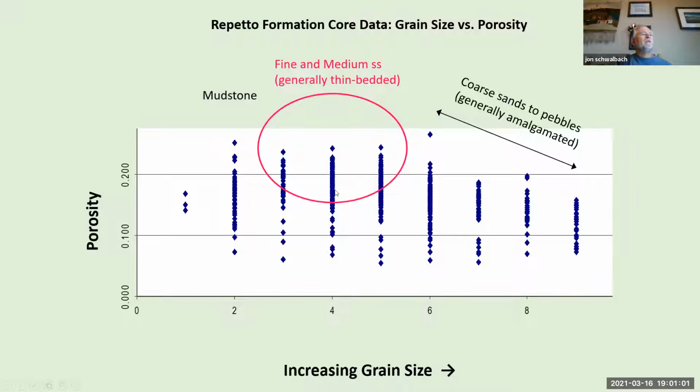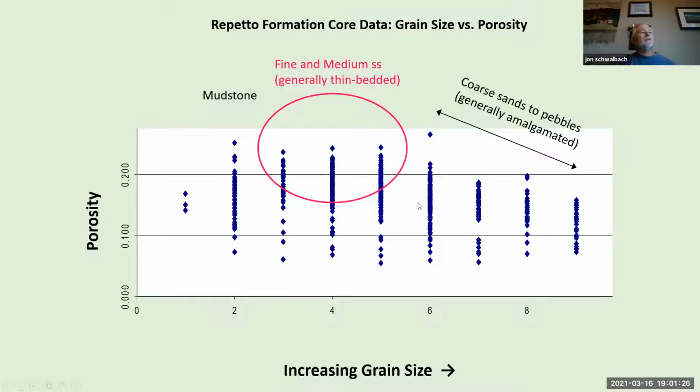These are going to be the generally thin-bedded turbidites. And then as we move to the coarser sands, the generally amalgamated sands, you see a big drop off in porosity, right? The range here for this medium sand goes from about 25 on down to about 15, whereas the range for the coarse sand goes from maybe 20 or so on down to 10 or less.